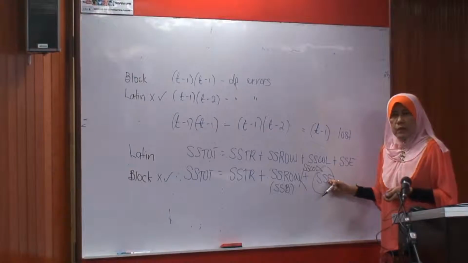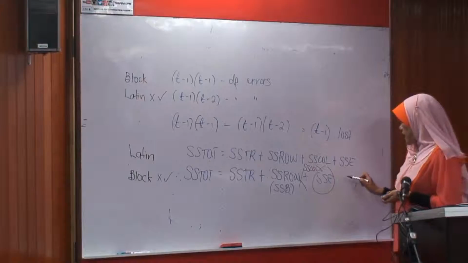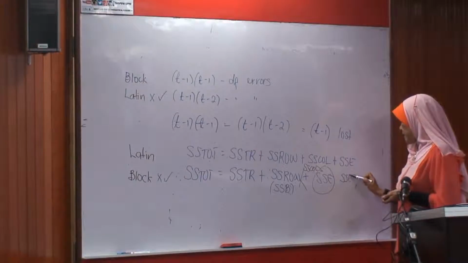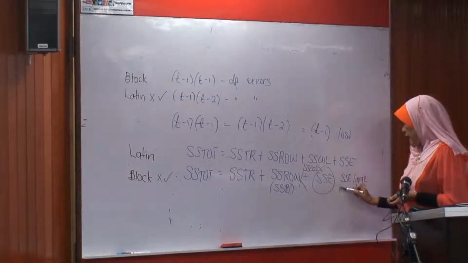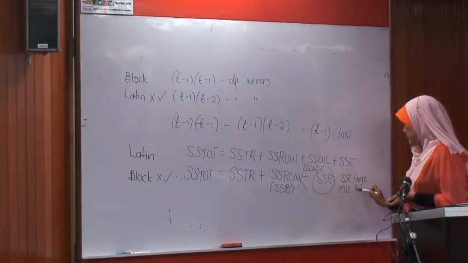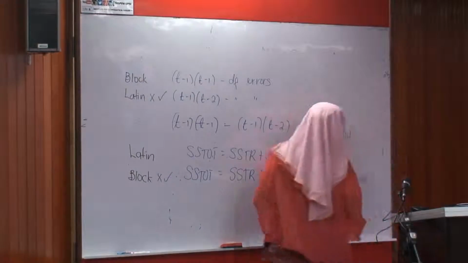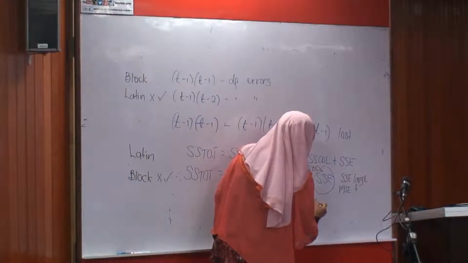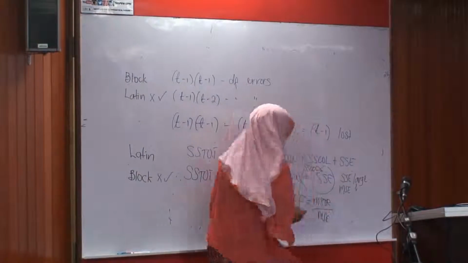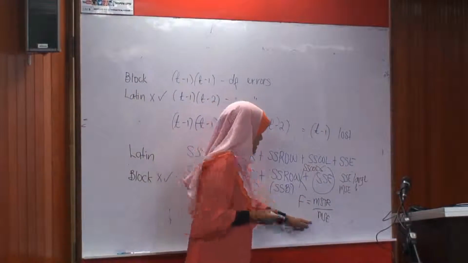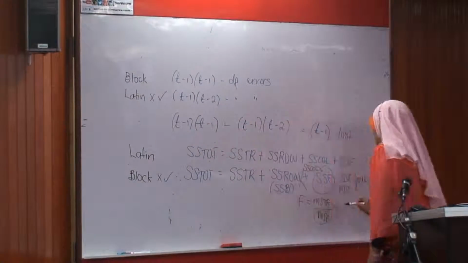The error will become inflated. The error term will become large: SSE becomes large, and MSE also becomes large. When MSE becomes large, then F, because F is just MS treatment divided by MSE, has a large denominator and a small numerator, so the whole thing will become small.